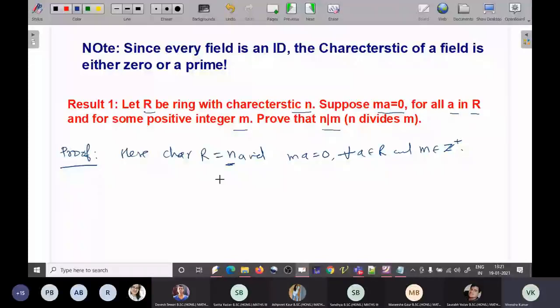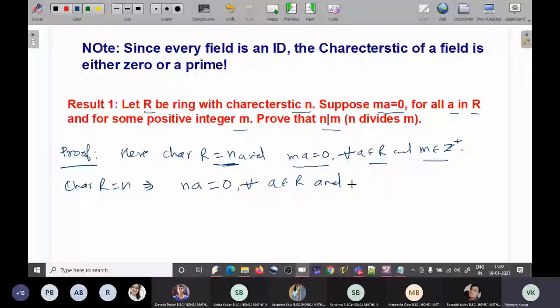This would imply that n times a equals 0 for all a belongs to R and for some positive integer n, which is the least such integer.